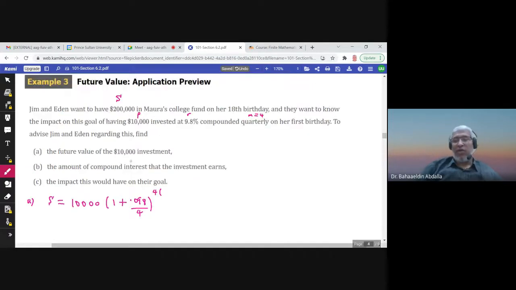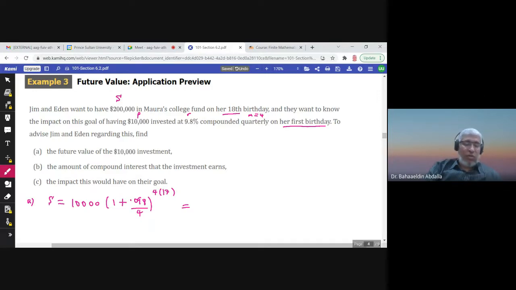How many years? On her first birthday, so after 1 year, they will put the amount of money, and they need the money on her 18th birthday. So 18 minus 1 is 17, so they will invest 10,000 for 17 years.